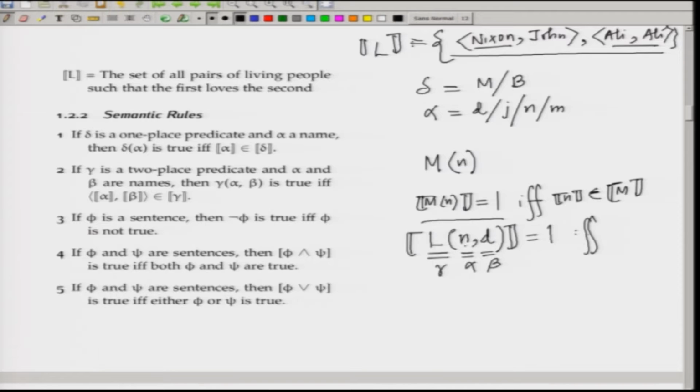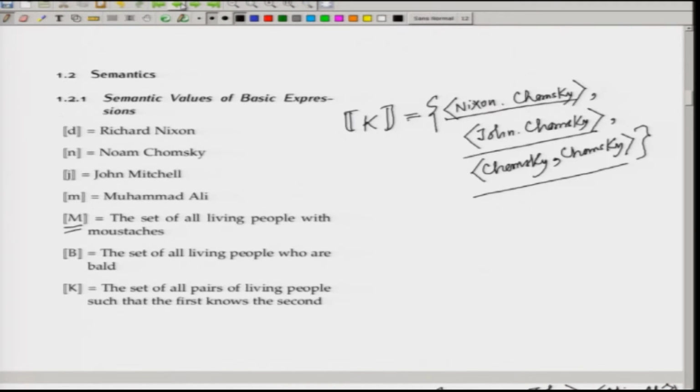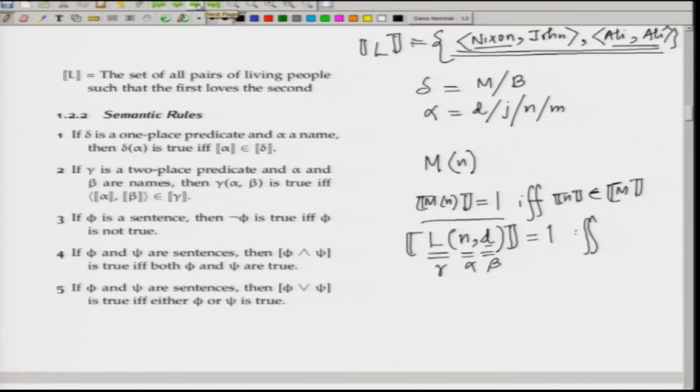In this case, you see, Noam Chomsky loves Richard Nixon, which is not true. We can see here that the pair Chomsky-Nixon does not belong to the set which is the denotation of loves.